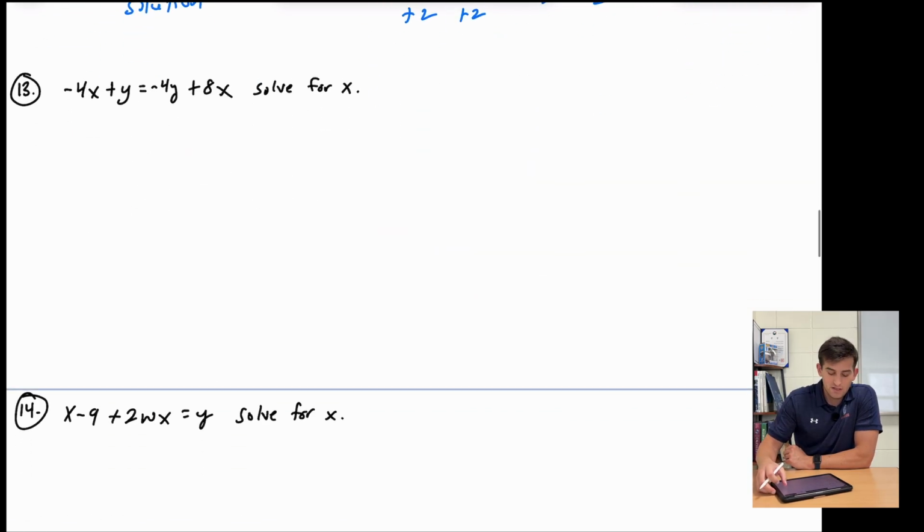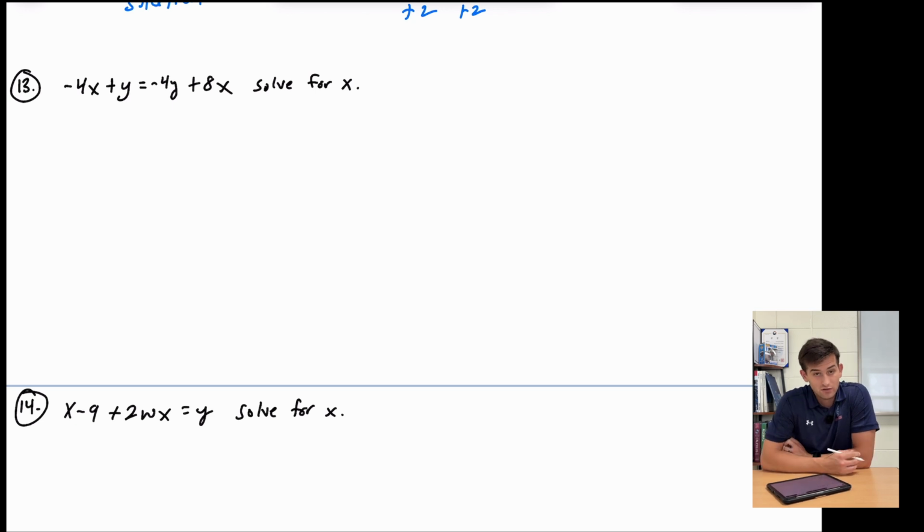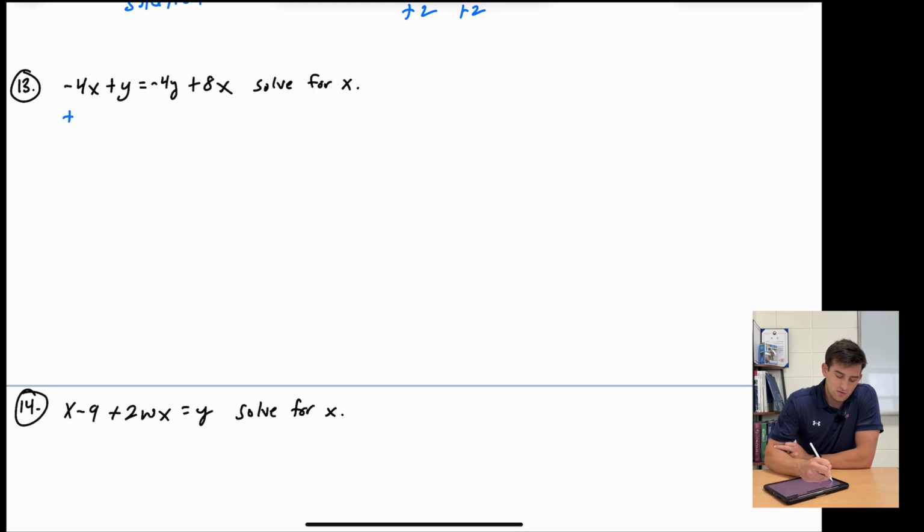All right, number 13. We have now a literal equation. So negative 4x plus y equals negative 4y plus 8x. We want to solve it for x, which means we just want to say x equals when we're done. Well, I'm going to get my x terms on the same side, or at least try to combine them, right? So let's say I want to add 4x to both sides. So now I have y is equal to negative 4y plus 12x.